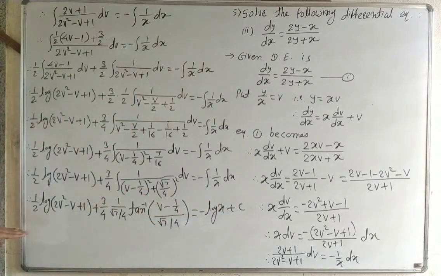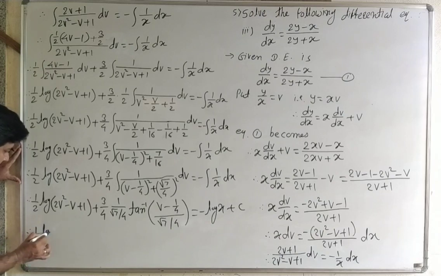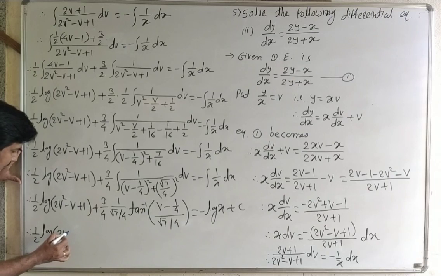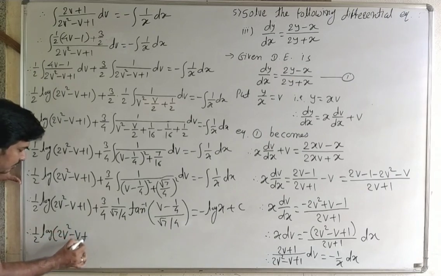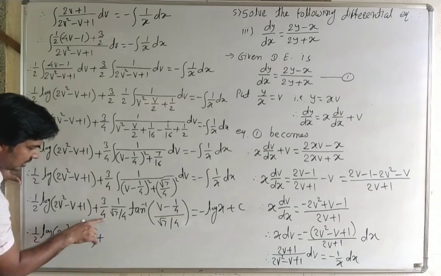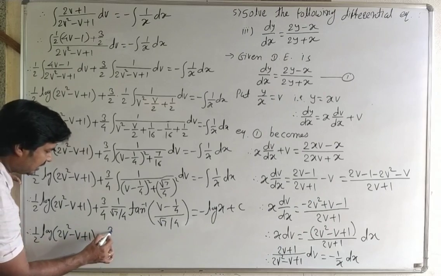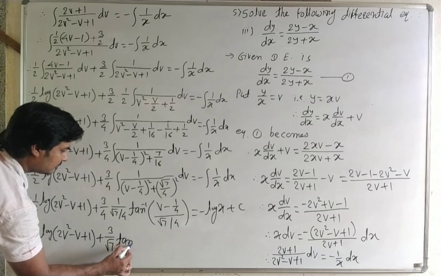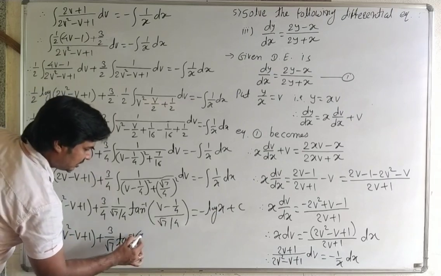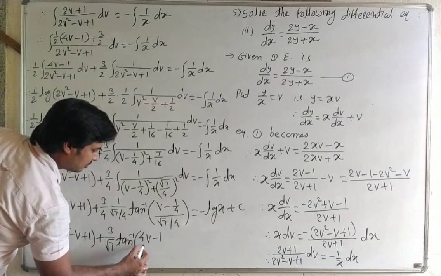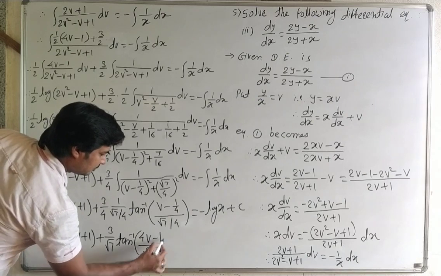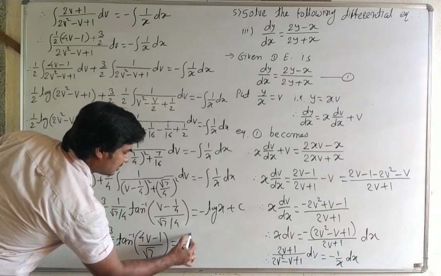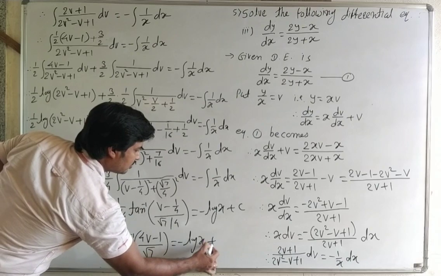Here it is an integral. Now 1 by 2 log of 2v square minus v plus 1 plus, this 4 gets cancelled. Here we can write 3 upon under root 7 tan inverse of 4 phi minus 1 upon under root 7 is equal to minus log x plus c.